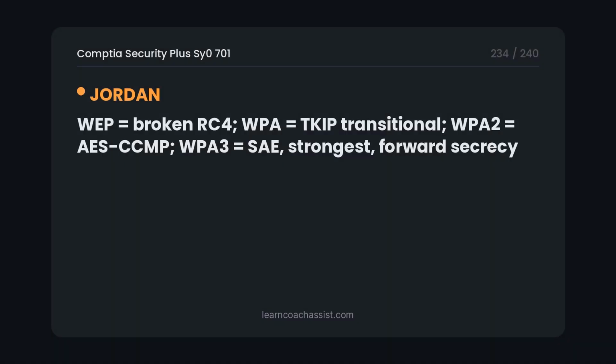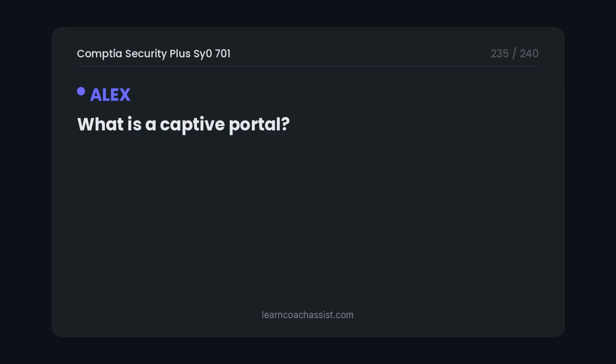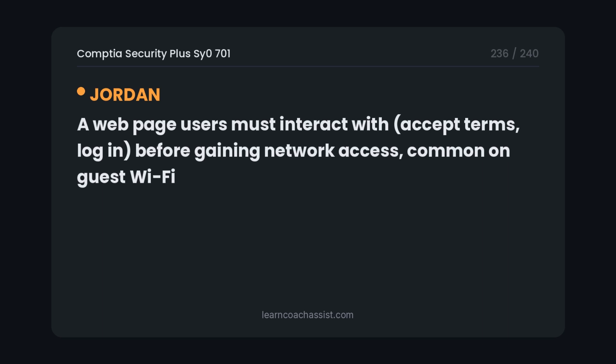WEP equals broken RC4, WPA equals TKIP transitional, WPA2 equals AES-CCMP, WPA3 equals SAE, strongest, forward secrecy. What is a captive portal? A web page users must interact with, accept terms, log in, before gaining network access, common on guest Wi-Fi.